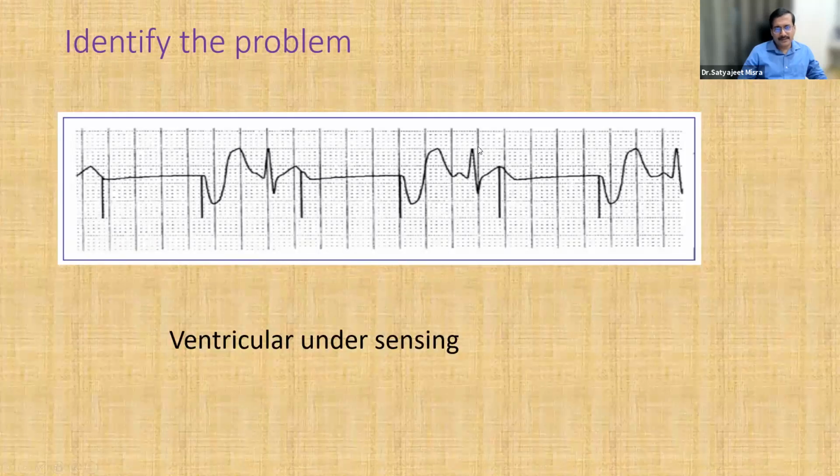Because if this QRS complex had been sensed, the next pacing spike would have come only after the predetermined time delay. It can never come on the T wave here. So it's not sensing these QRS complexes properly, and you need to decrease the sensitivity to make it sense the QRS complexes properly.